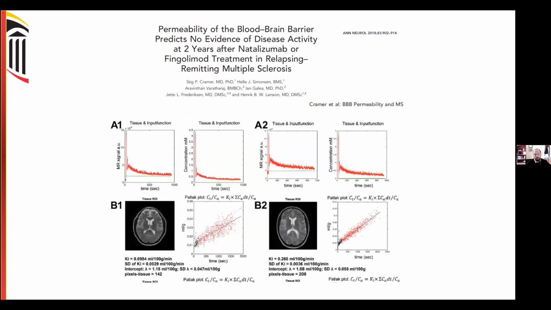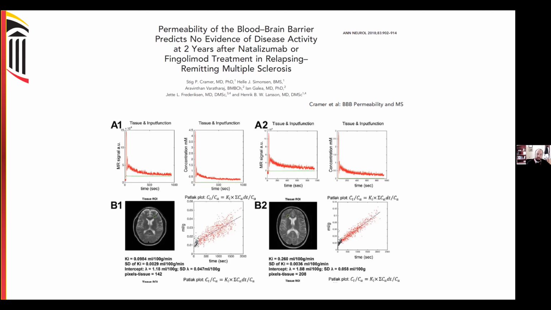And there are a number of MRI techniques that have been utilized to try and quantify the blood-brain barrier breakdown component of MS. Of course, techniques like dynamic contrast enhancement have been used to try and map out what the tissue permeability characteristics of multiple sclerosis are.